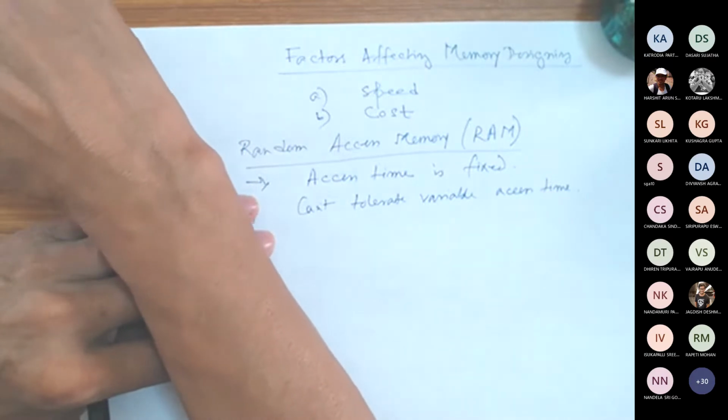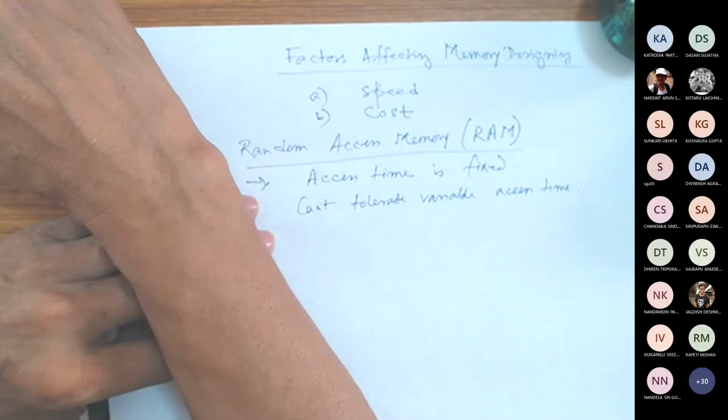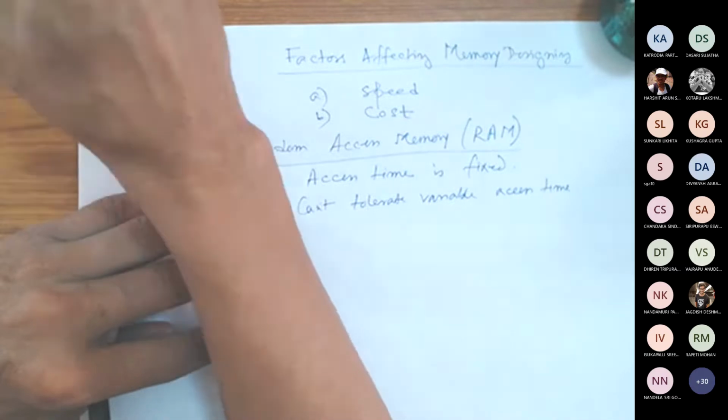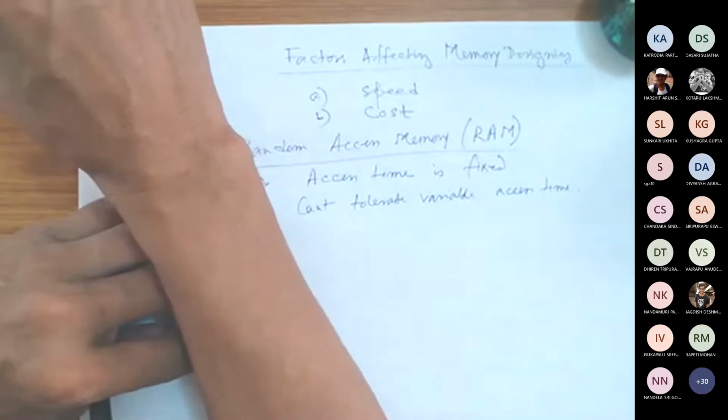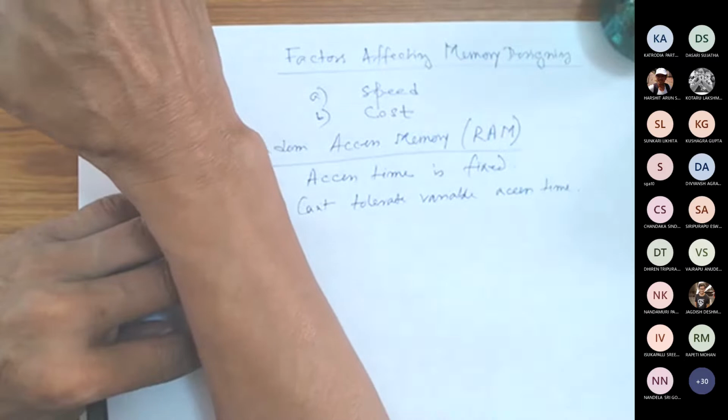But even if you ensure that your access time is fixed, there are several other challenges. What is the order of access time?